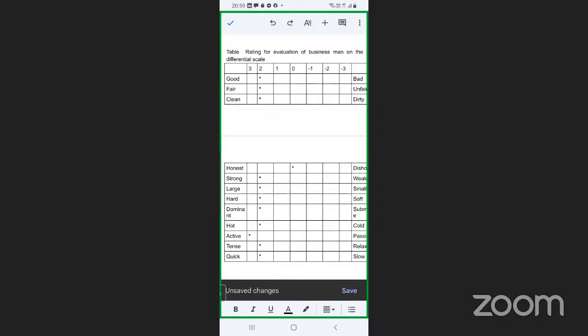Good, bad, fair, unfair, clean, dirty, honest, dishonest, strong, weak, large, small, hard, soft, dominant, submissive, hot, cold, active, passive, tense, relaxed, quick, slow. And then 3, 2, 1, 0, -1, -2, -3. Here you can find the 0 at the middle.